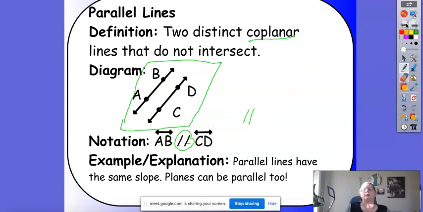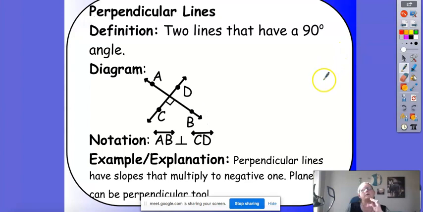Okay, when we talk perpendicular, you should remember this from Algebra 1. That means the two lines have to have a 90-degree angle when they intersect. They form a right angle. You use the little square here to let you know this is a right angle. It's 90 degrees. Okay, if I have two lines that look like this, are those perpendicular? No, they are not.